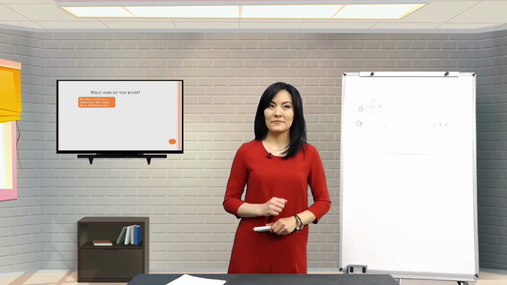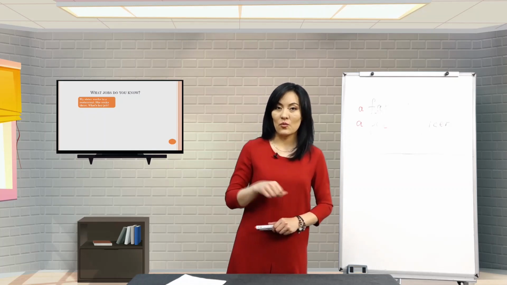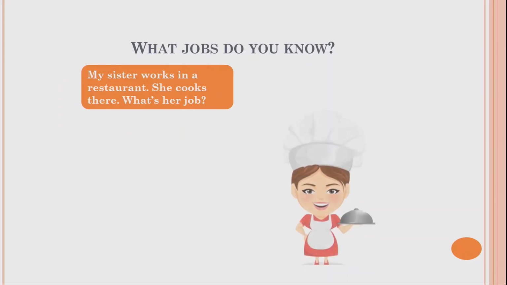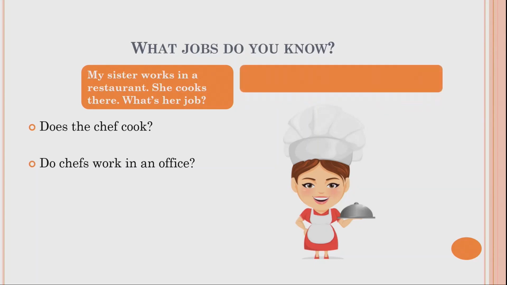Okay, next word. My sister works in a restaurant. She cooks there. What's her job? Yes, she is a chef. Does the chef cook? Yes. Do chefs work in an office? No, they work in a restaurant. A chef. Let's spell it together. C-H-E-F.